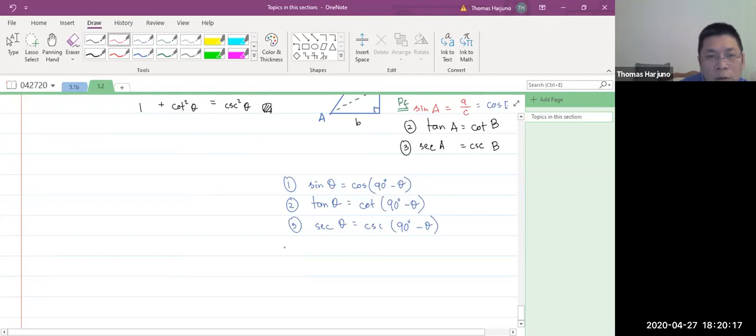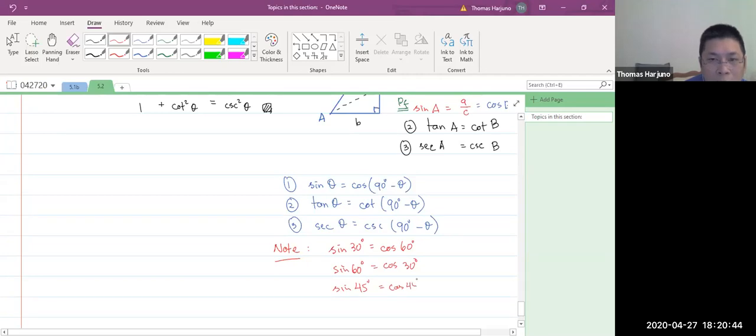Note that sine 30 degrees equals cosine 60 degrees, vice versa. So sine 60 degrees equals cosine 30 degrees, and sine 45 degrees equals cosine 45 degrees.